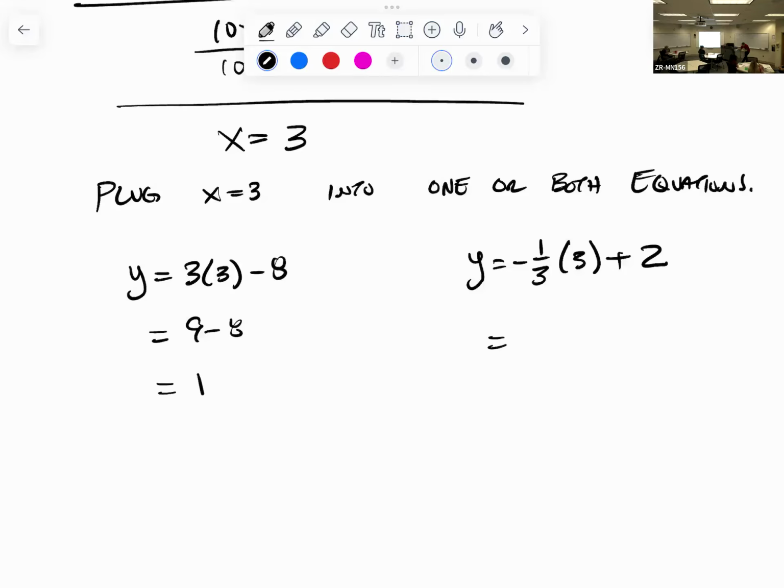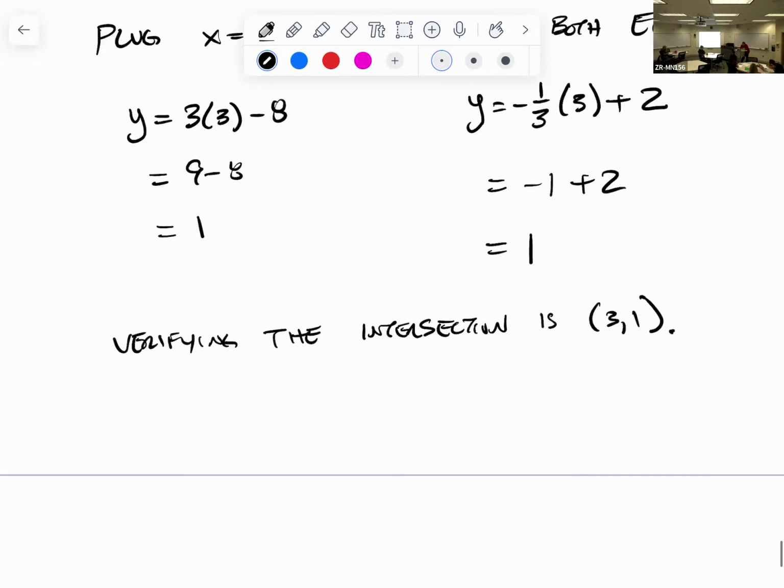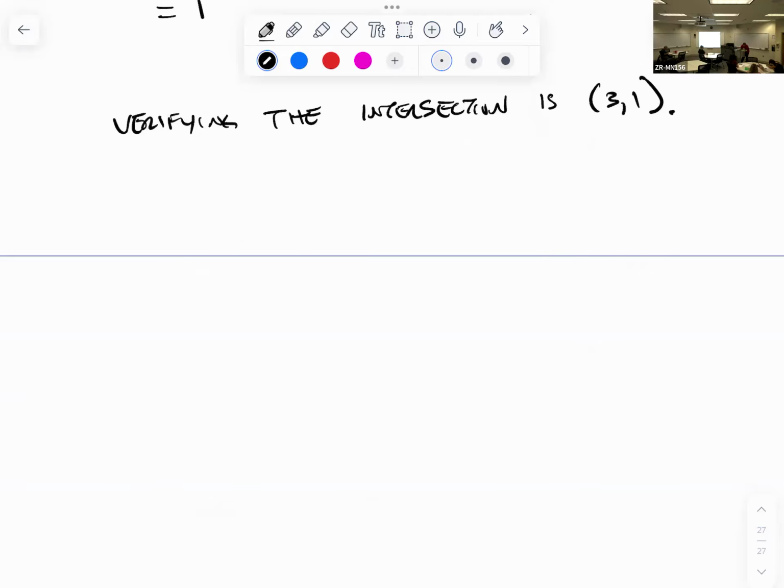Negative 1/3 times 3 makes -1, plus 2. Oh look, 1 in both cases. They should always come out the same, verifying. Now, be aware, it's really nice when they all come out as integers. Real numbers never come out nice, so we deal with a lot of nice numbers, but be careful. They're often not nice.